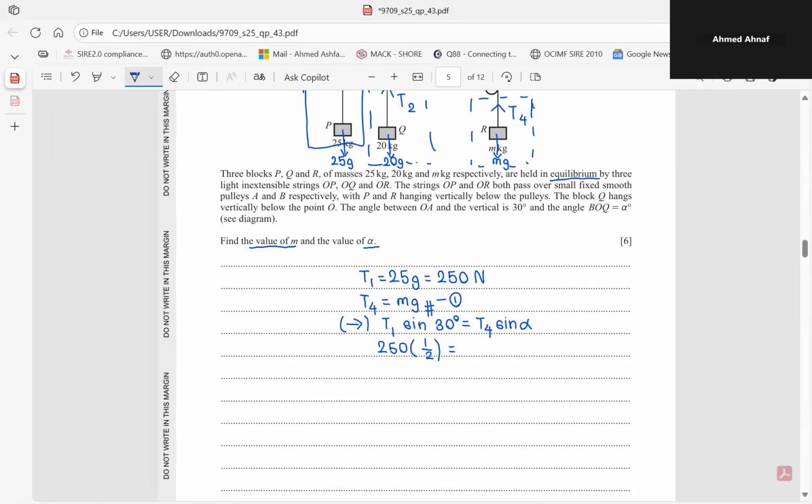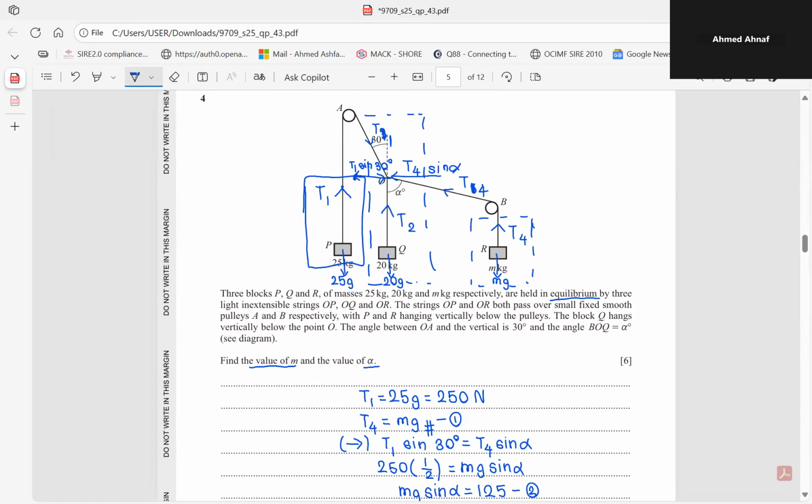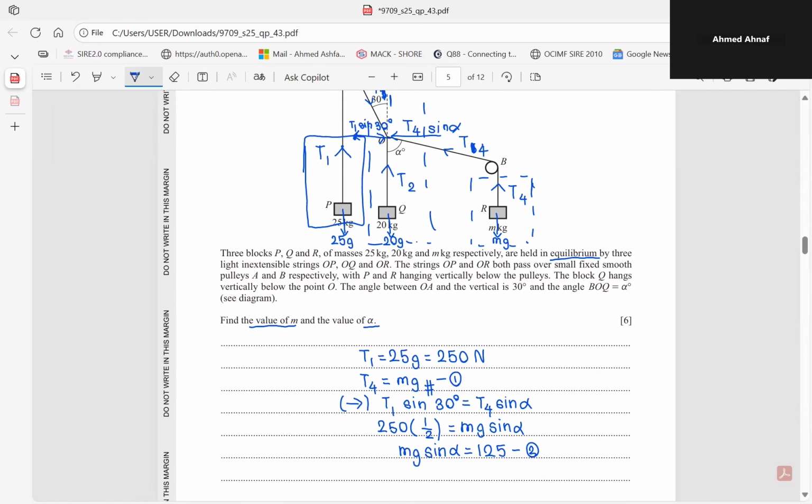And T4 is mg sine alpha. So 250 times half, that's 125. So mg sine alpha is 125. So this is the second equation.